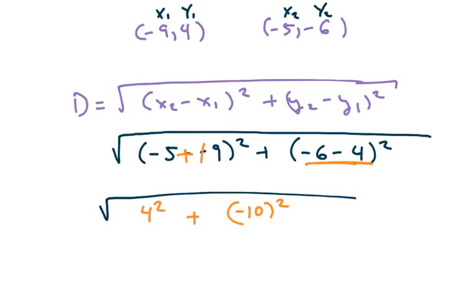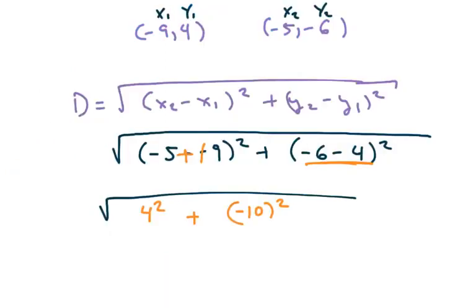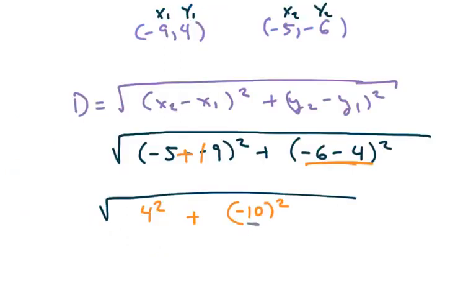And I want you to realize that 10 and 4, this makes sense that over here we're getting 10 and 4, because they're the same distance. Now, this says negative 10, but when you square it, it's going to become positive, and that's the beauty of this, because this distance right here, like we said, has to be positive.